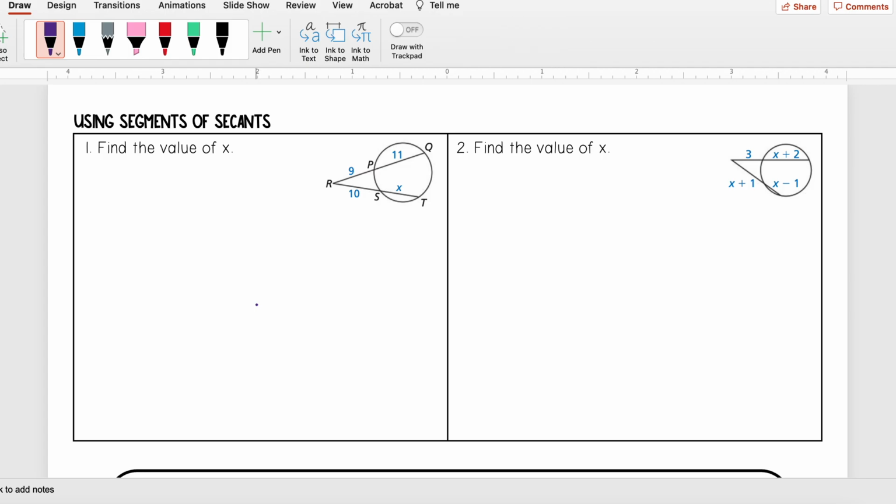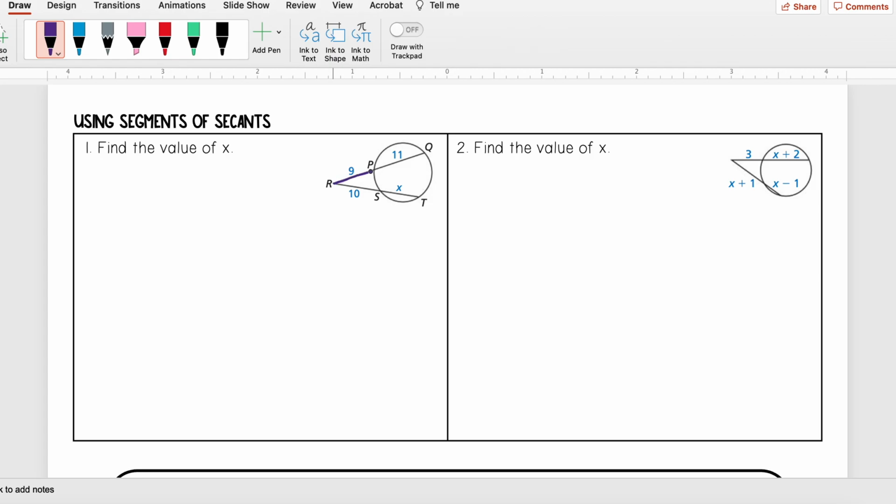So at first I want to find the value of x. I see that I have two secant segments. I know they're secant segments because this segment RQ and RT, they both contain a chord and they have an endpoint outside of the circle, and I see they're both intersecting at the same point R. So that means I can use my theorem. And again, my theorem told me that I'm going to take the product of the external segment.